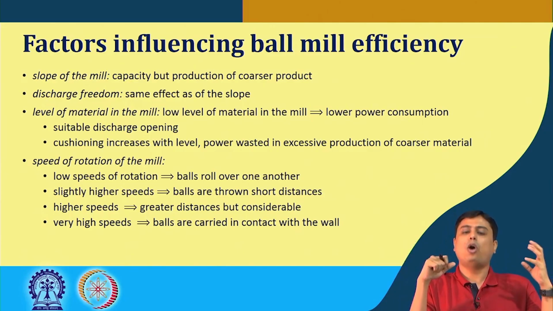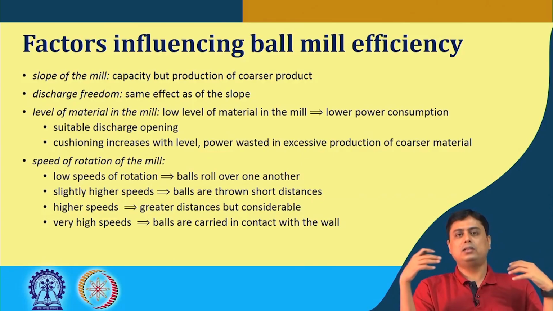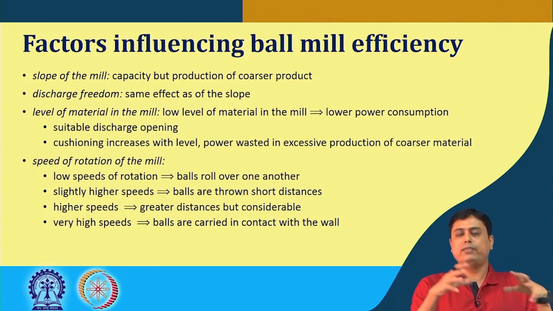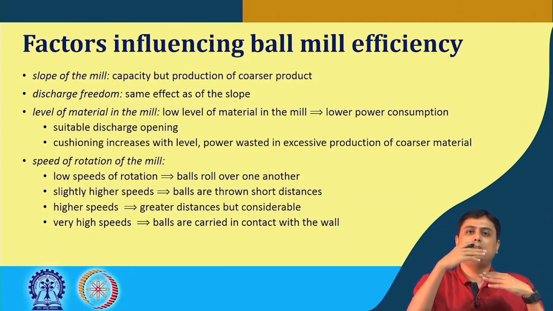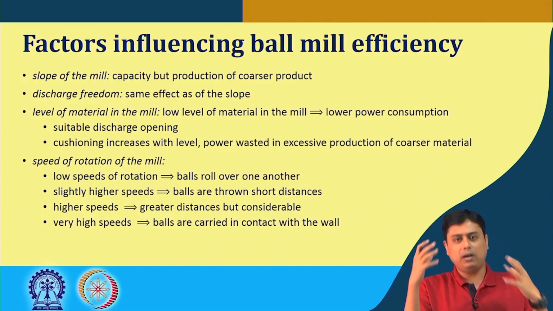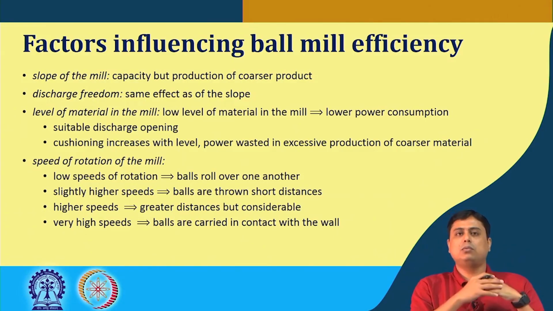Even if you operate with a high throughput, in order to maintain this low material level, we can have a suitable discharge opening, because this cushioning effect that I have discussed, it increases with level. As you increase the material level, there is a shorter distance the impact can happen. So, all the power that you put in is wasted in excessive production of coarser material.